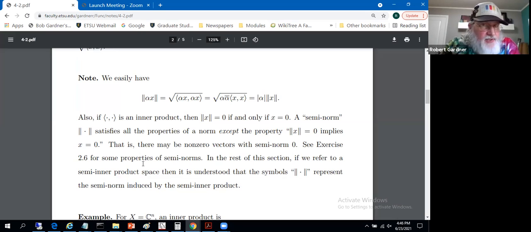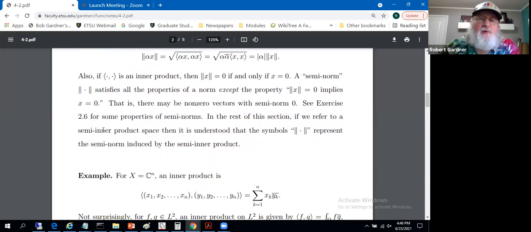So we're not interested in semi-norms, and we're not particularly interested in semi-inner products either. We're interested in inner products and norms. But this section is laid out in terms of semi-inner products. So in the rest of this section, if we refer to a semi-inner product space, then it's understood that when we use these symbols, they represent the semi-norm induced by the semi-inner product.